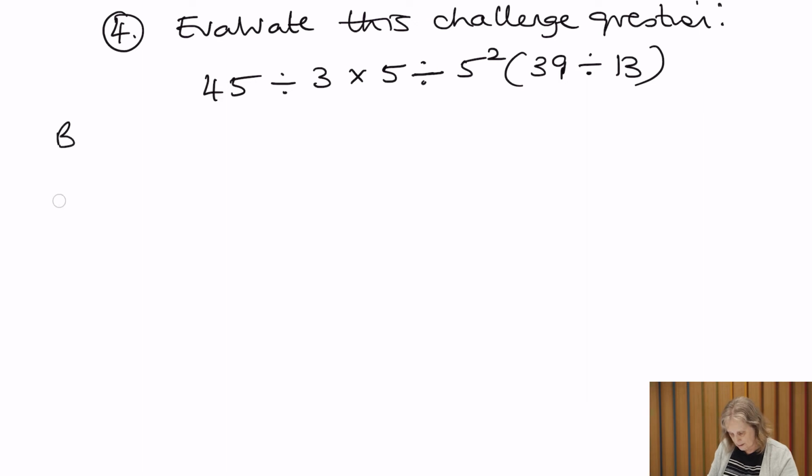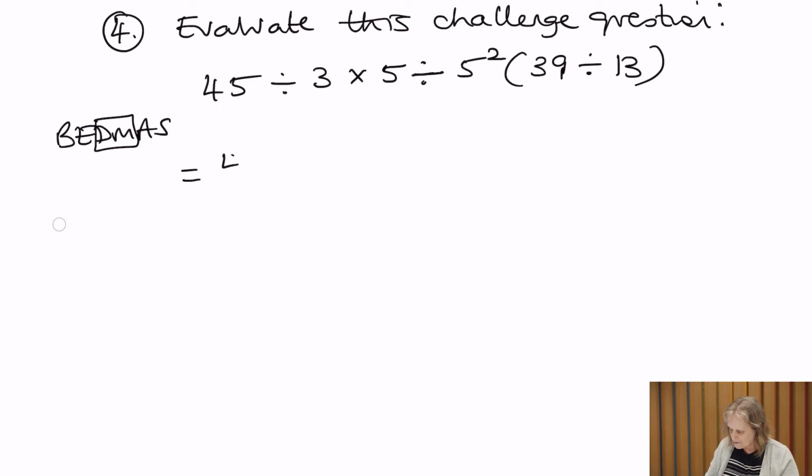Okay, so again, I'm going to use the rules of BEDMAS, but this is going to be quite tricky now because we've got quite a lot of operations here that we need to evaluate. So if we look at the entire expression, obviously we're going to look at the brackets first. We're going to work out what's in the bracket first.